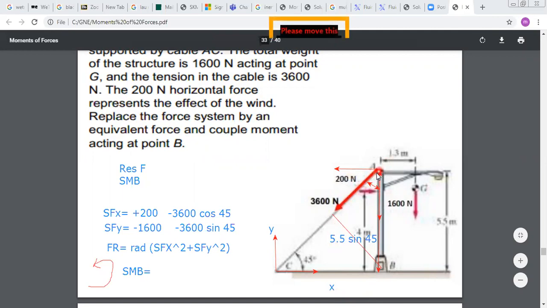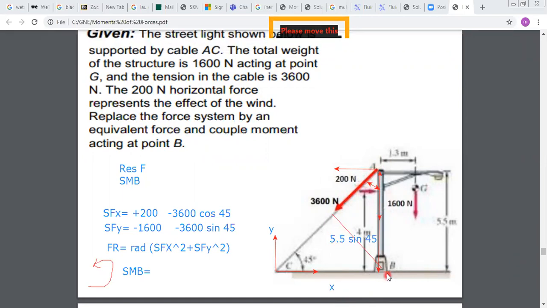Now, the second method to find the moment of this force is to divide it into two components, x and y. In general, if you have a problem where the distance cannot be found in an easy way, because sometimes the geometry is more complex, the best way is to divide the force into two components, x and y.